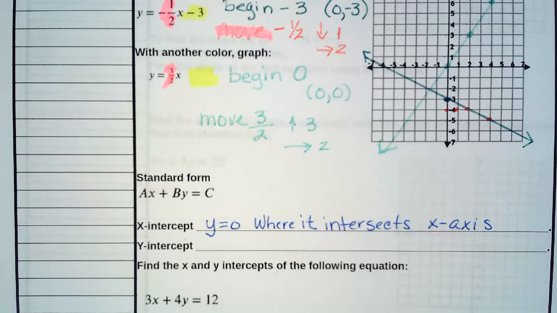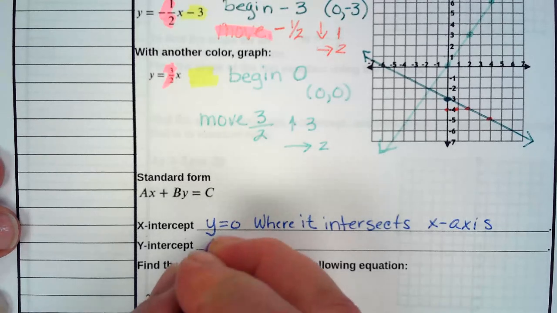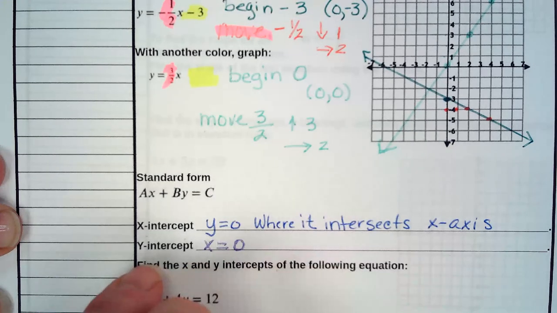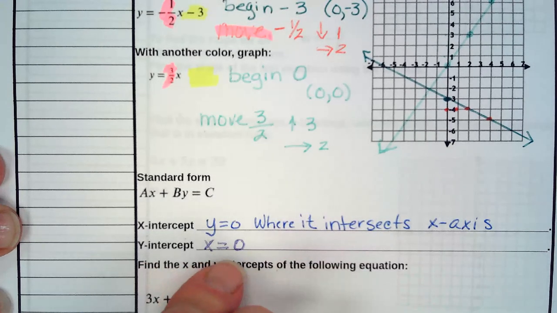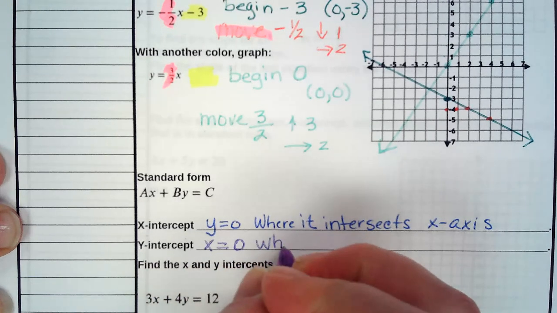Well, if you said where it intersects the y-axis, you're correct. The y values on your x-axis are 0. The x values on your y-axis are 0. So your y-intercept is where x is equal to 0, where it intersects the y-axis.